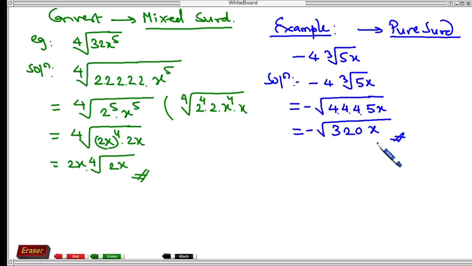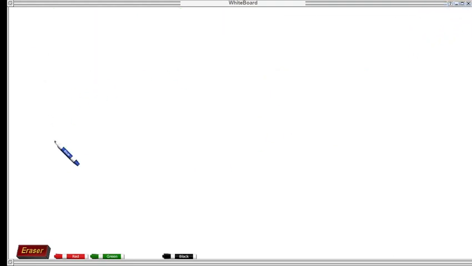Now this is a pure surd whose coefficient is minus 1, or 1 with a negative sign. So, a minus cube root of this. Moving to the next question, dear students.